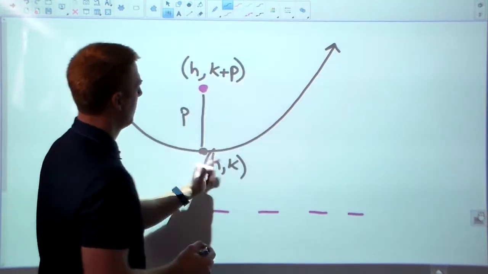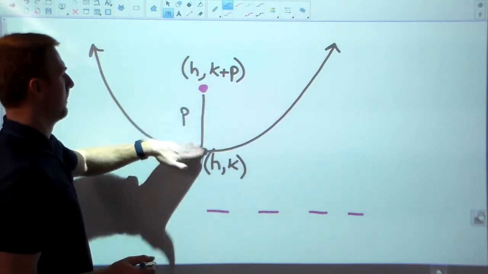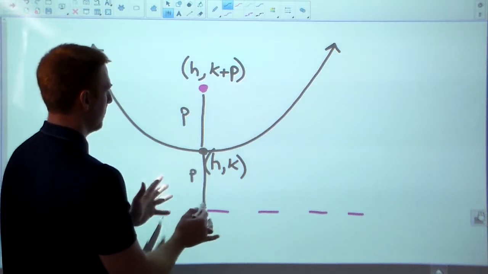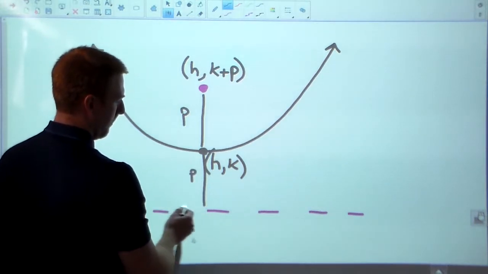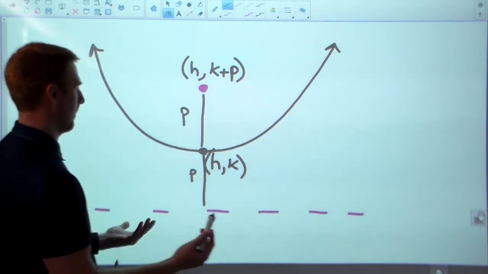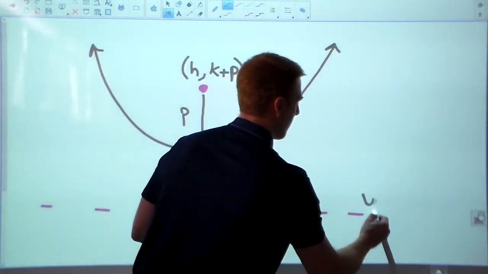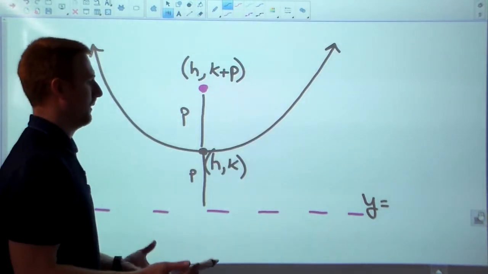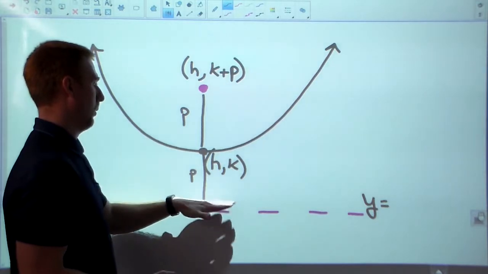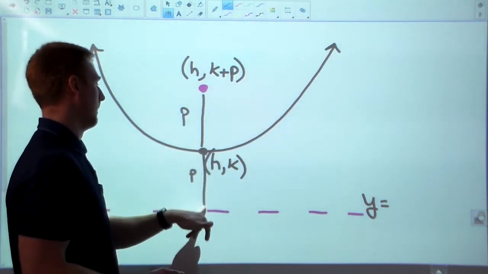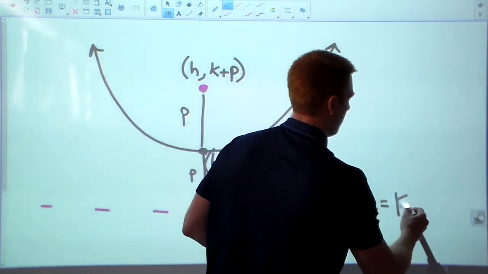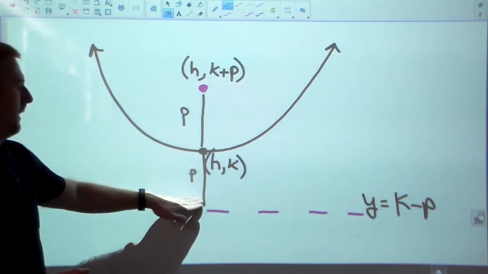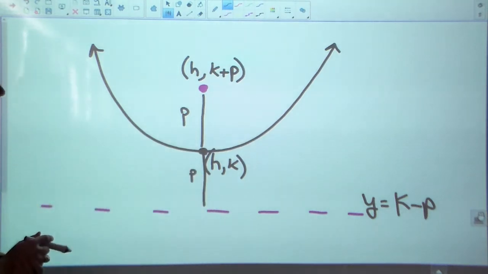So it's this height k plus another distance p. And this part right here, this is the same distance p. Any point on that line, this is a horizontal line, so we need to define it that way. Horizontal line, we don't really care what the x-coordinate is, because it could be anything. But no matter what the x-coordinate is, what's our y-coordinate? That's going to be this value k minus p. So relative to the vertex of the parabola, it's p below that. So there's the definition of that point.